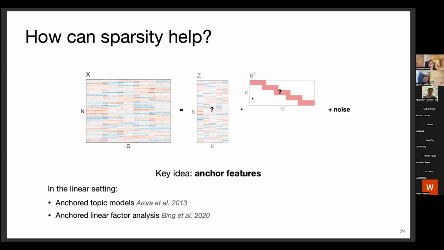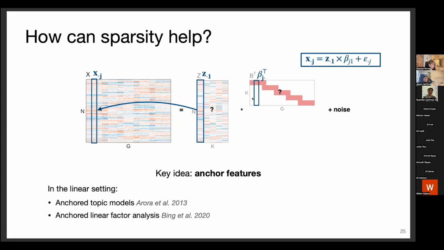So what kind of sparsity are we looking for that can eliminate these rotation matrices that give us this issue? If we have a specific kind of structure called anchor features, then we can get identifiability. We can limit the set of rotation matrices that are possible and get a unique solution. So what is an anchor feature? An anchor feature is a feature, or a column of your observed data.